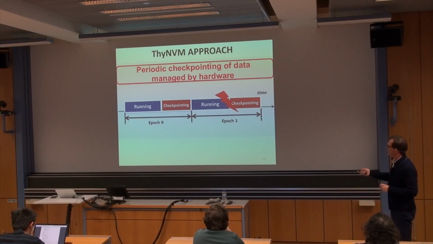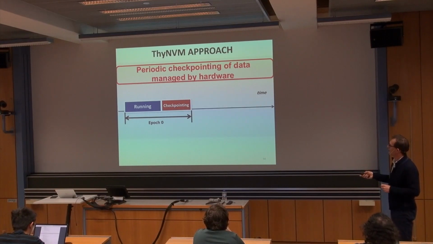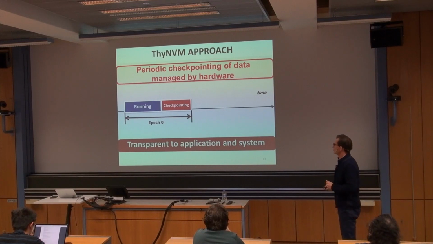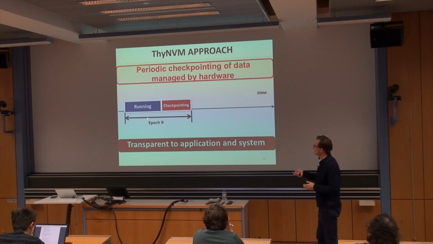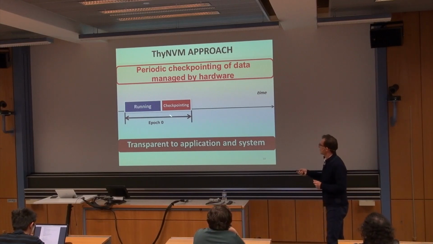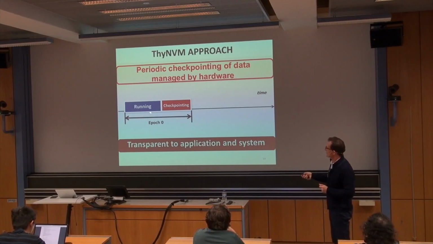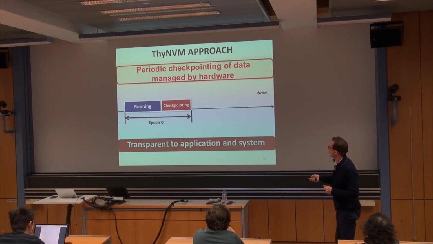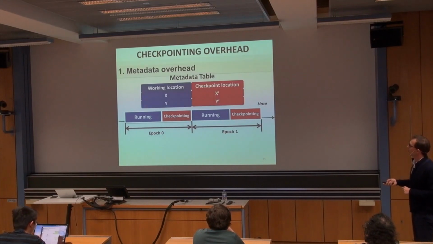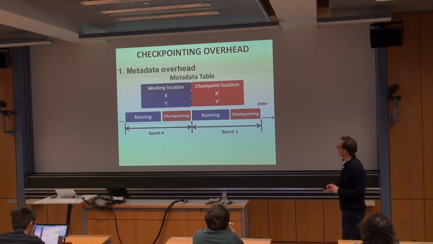If you crash somewhere over here, let's say, you go back to the end of the checkpoint and then you restart execution. Clearly, if you checkpoint often, whenever you crash, you lose little work. But then the problem is your checkpointing overhead is always exposed to the program. It is transparent to the application and system, though. So how can we make it more efficient? We're going to talk about that.